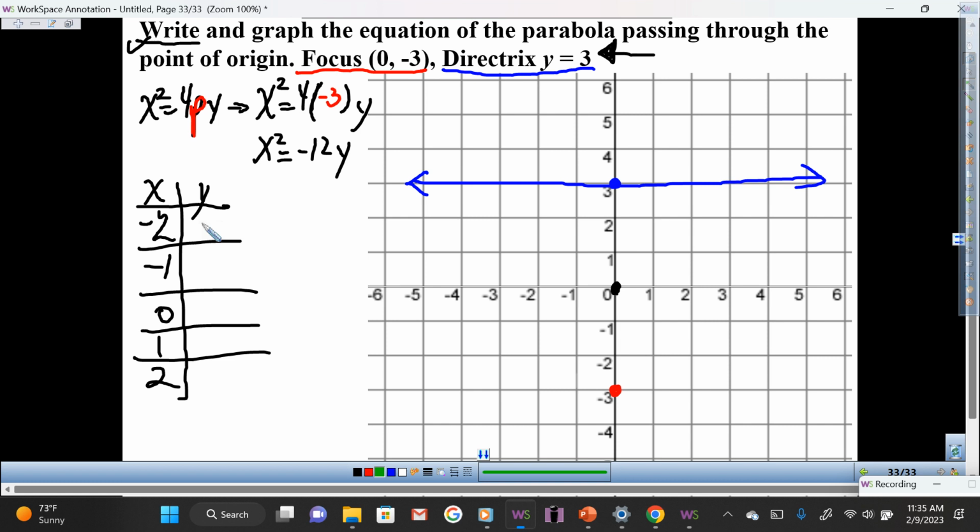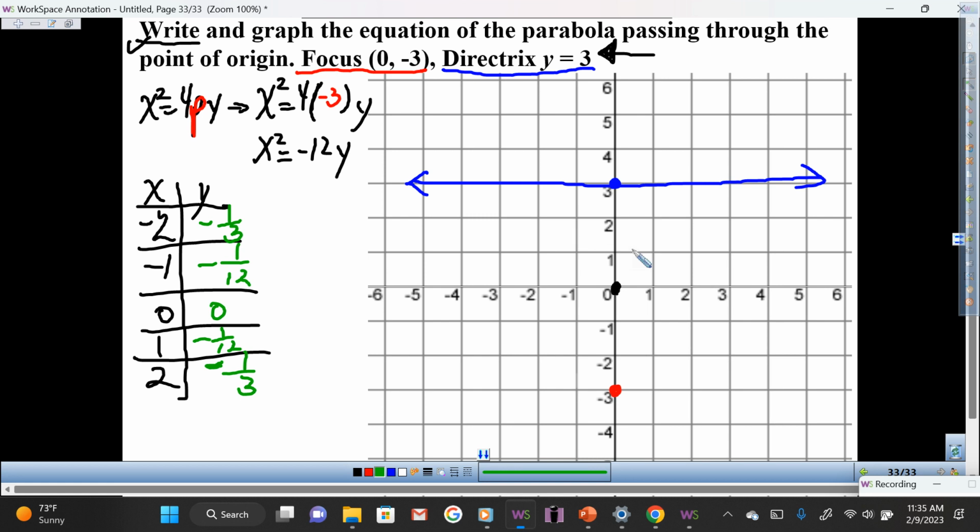Diego Romo. -1/3, and that goes for -2 and 2. How about for -1? -1/12. That's for -1 and 1. And of course 0, 0.